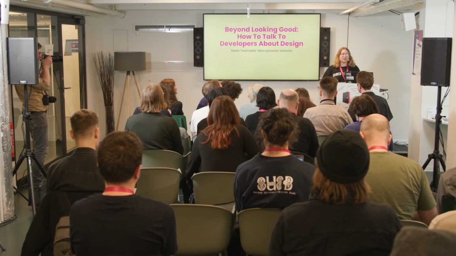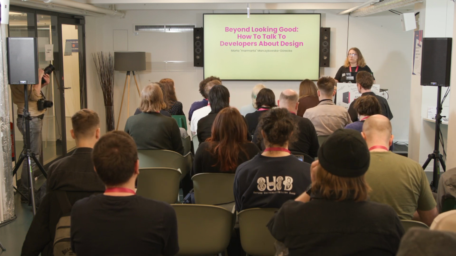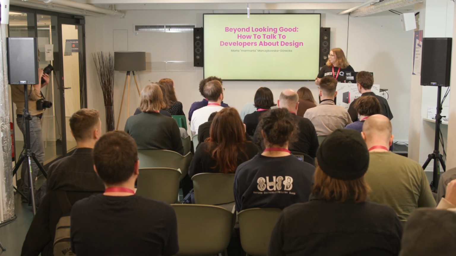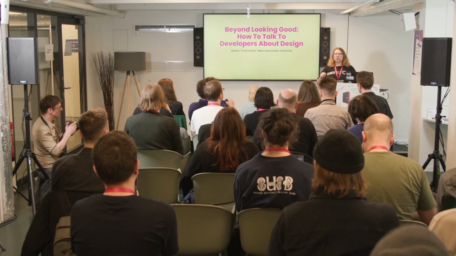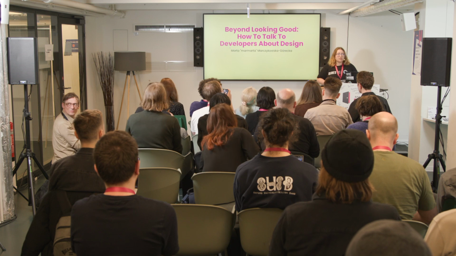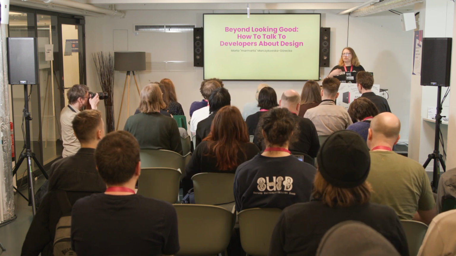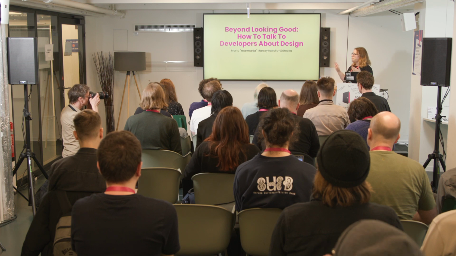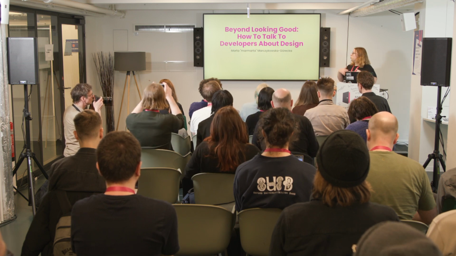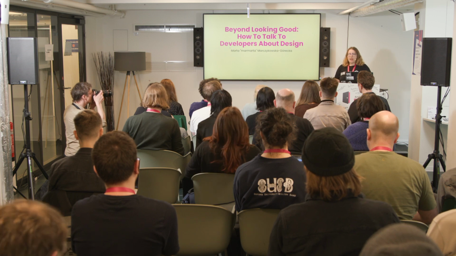We had heard a great talk from Martin about how to improve design in our open source projects. I want to talk a bit about the other side of it, because we talk a lot about what open source projects can do, how we can improve our design, what we do wrong, why we do not talk to designers enough, and so on.